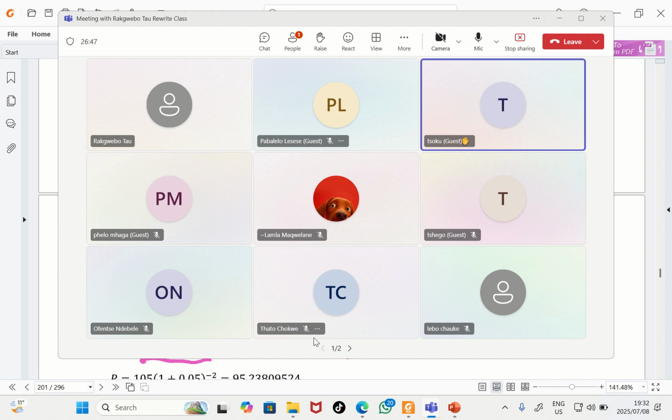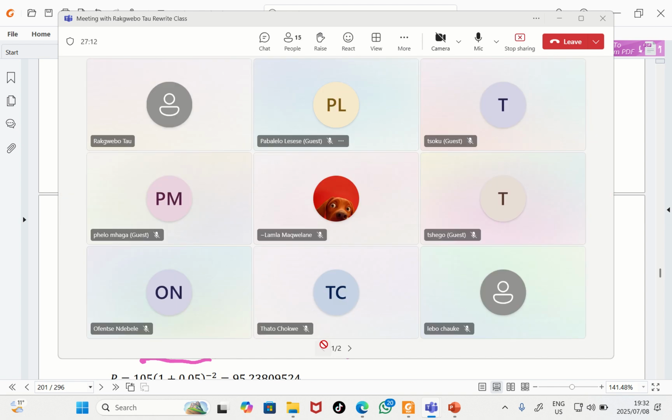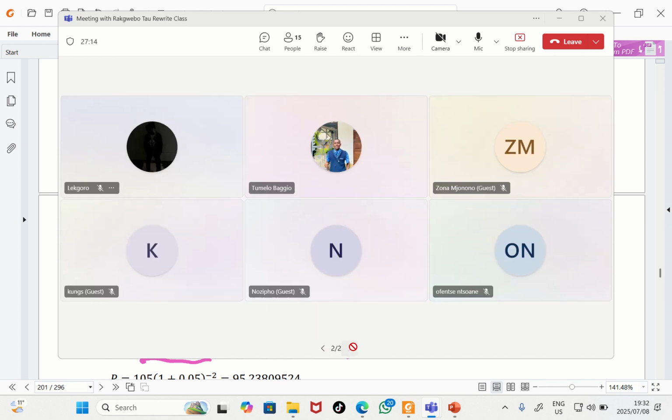Okay. Tsoku says I'm also lagging on this side. Am I also lagging on your side? Am I cutting, or do you hear me late? Sometimes. Okay.